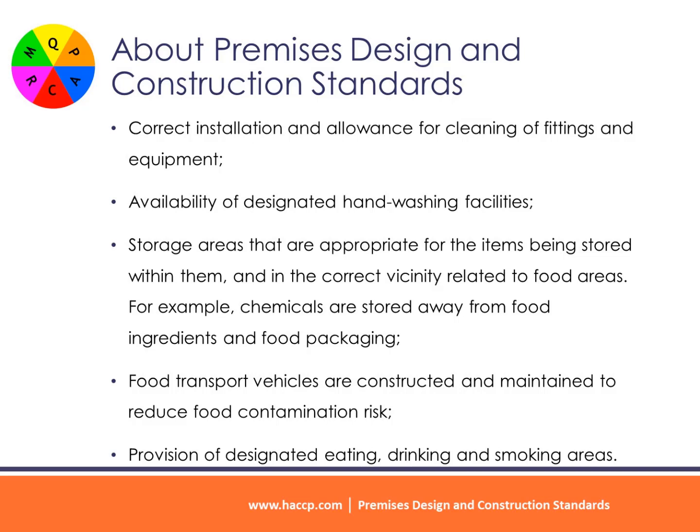Availability of designated hand washing facilities. Storage areas that are appropriate for the items being stored within them, and in the correct vicinity related to food areas. For example, chemicals are stored away from food ingredients and food packaging. Food transport vehicles are constructed and maintained to reduce food contamination risk. Provision of designated eating, drinking and smoking areas.